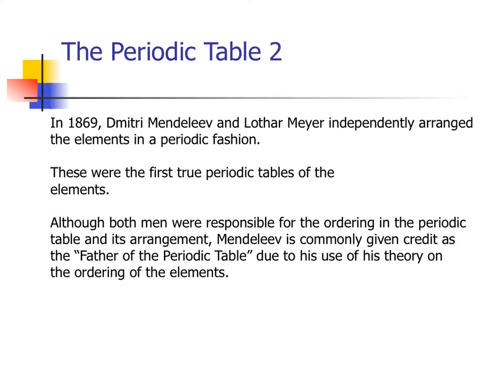A little bit later, Dmitri Mendeleev and Lothar Meyer independently arranged the elements. Independently meaning they're doing the same work, completely separately. Mendeleev was a Russian scientist, and Lothar Meyer, I'm going to guess he was German based on the strong German name.